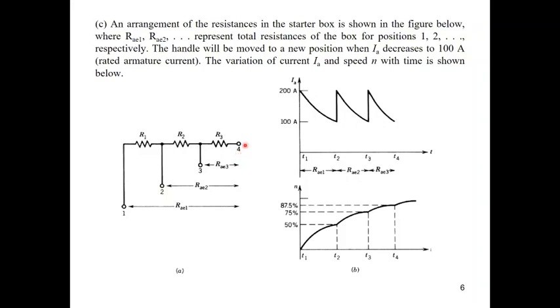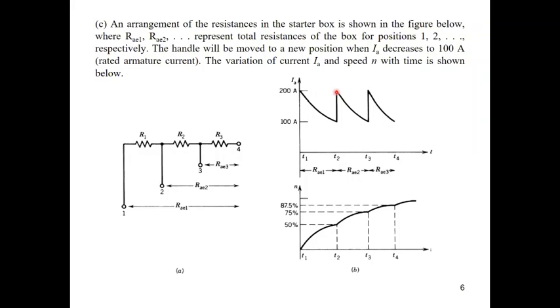Simply, we can calculate based on the equations of the DC machine, but by calculating 2 times at each point, which means, for instance, at T2, we have 2 values of current. Can you see? At T2 the current equals 100 amps, and at the same time we have 200 amps. Is it right from the figure?